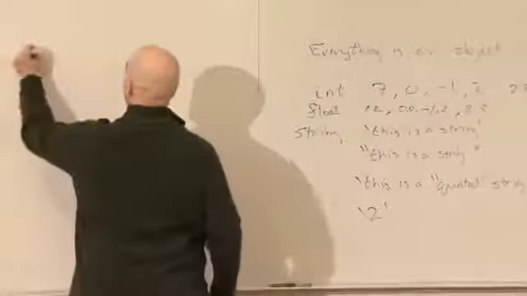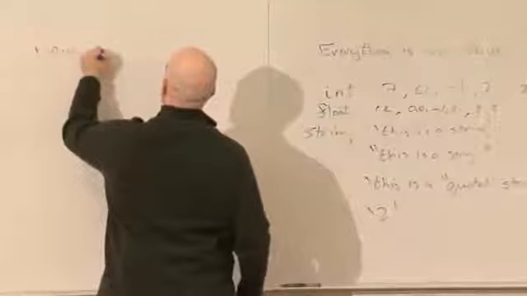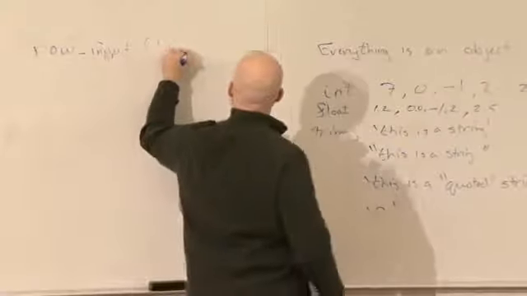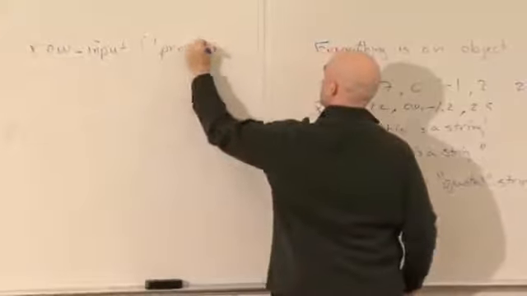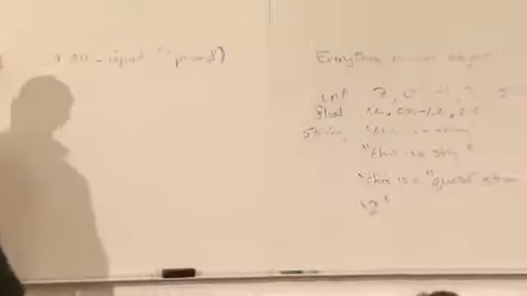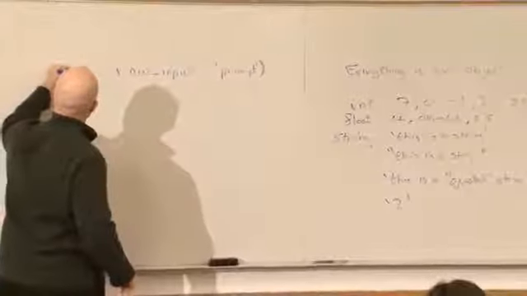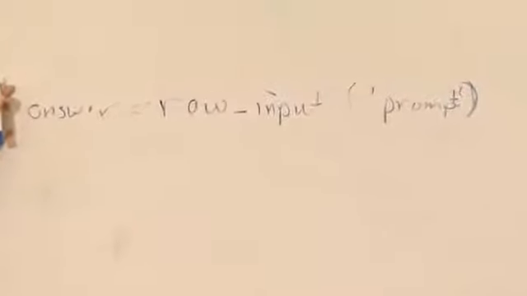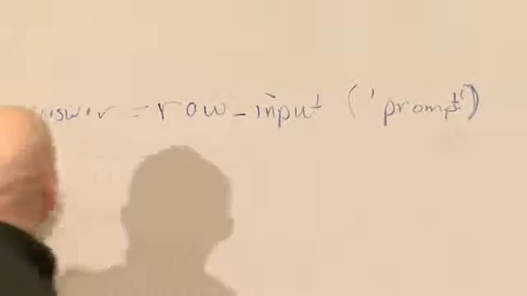So raw input, for example, is going to return a variable. And the type of this is going to be a string. So if you need to use it as an integer or as a float, you can convert it.